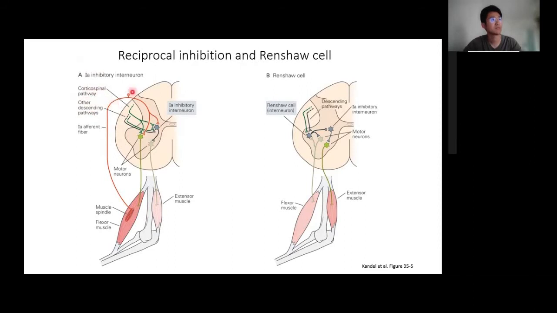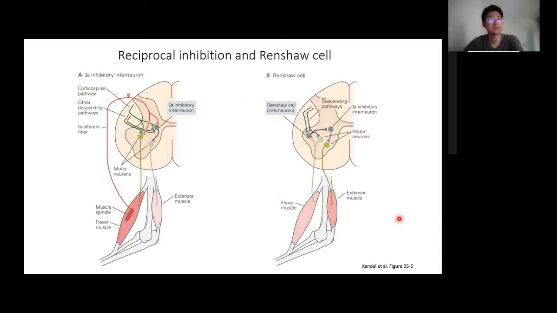So the descending command can modulate the sensitivity of this feedback, so how much feedback I want. For example, if I don't want this feedback, I can just send an inhibition command to block it. So this is a more sophisticated, more complex descending control of these inhibitory neurons.